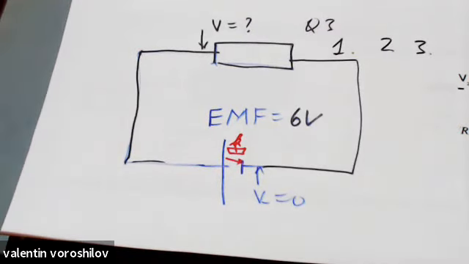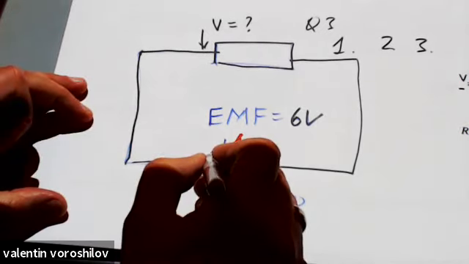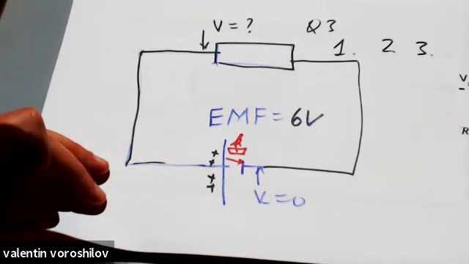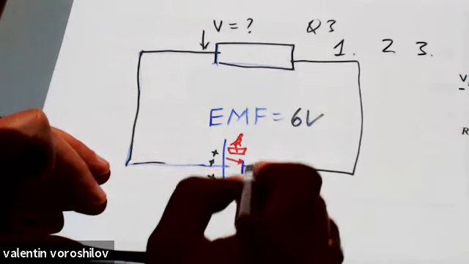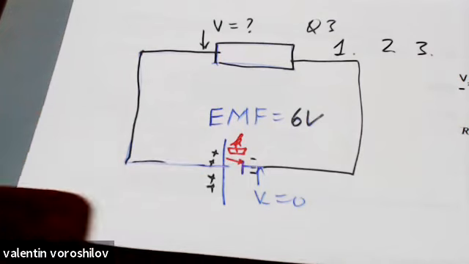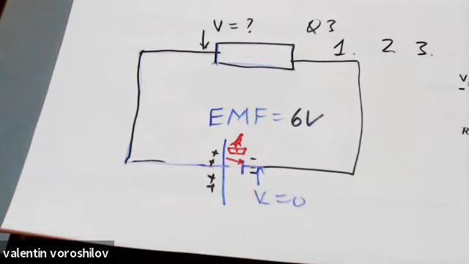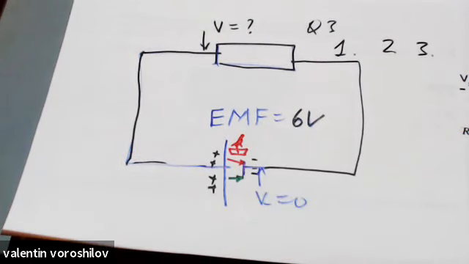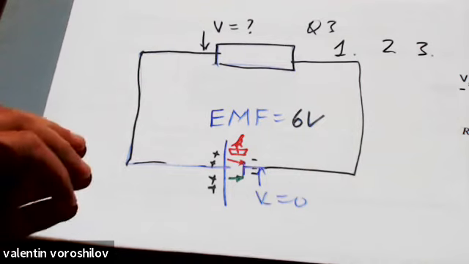Those tiny demons work hard because they have to work against the electric field. Again, remember, this long line represents the positive electrode, and this short line represents the negative electrode. That means inside the battery, electrons have to travel against the force.